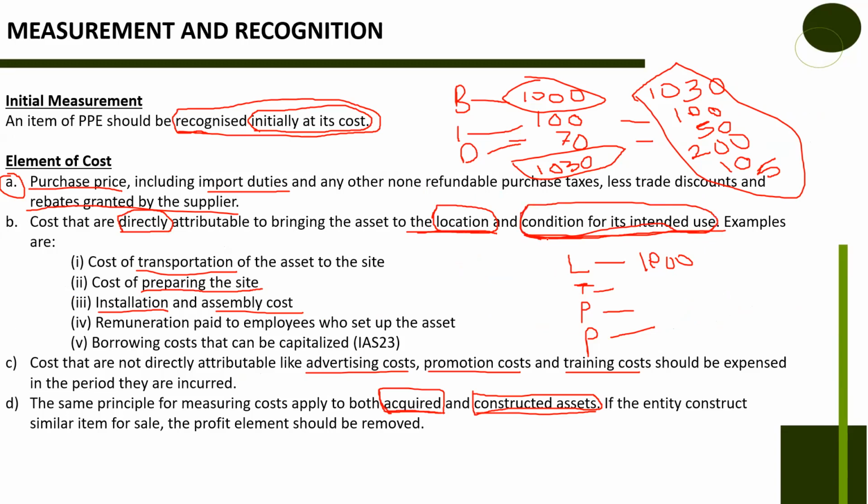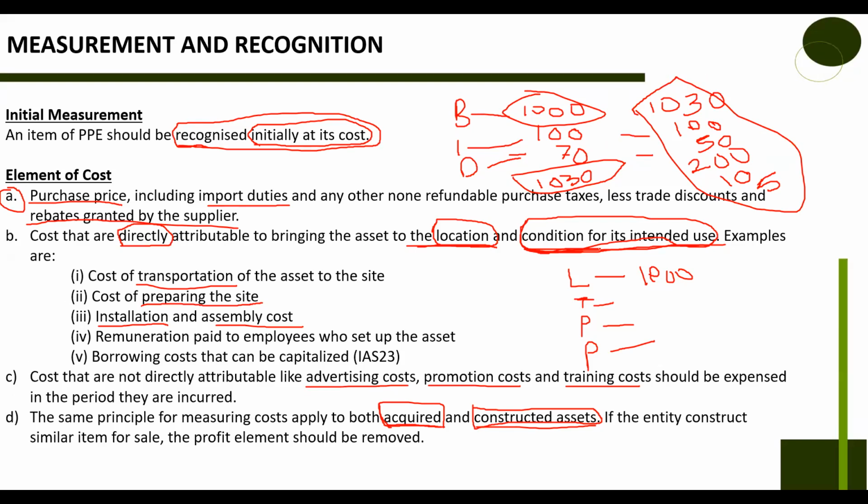If you don't do the test, how will you know if it's in the right condition to be used? When they finish installation, you won't say, okay, Oga, go, no need to test it. You won't know if it's in the right condition for its use.